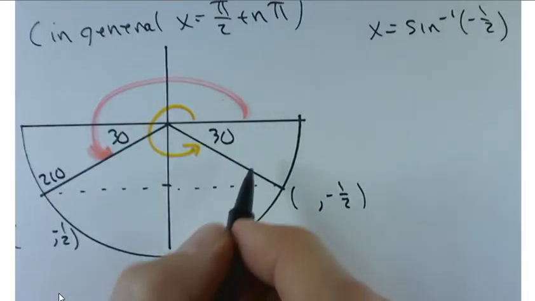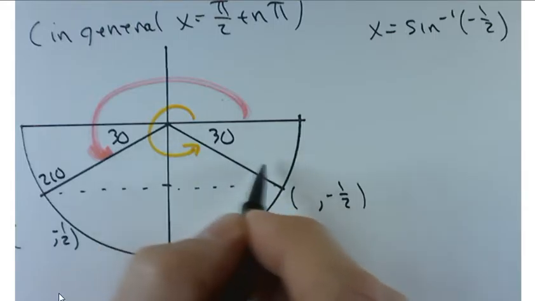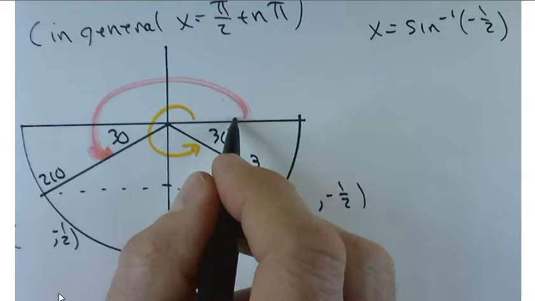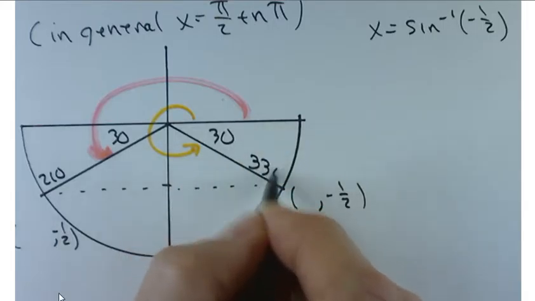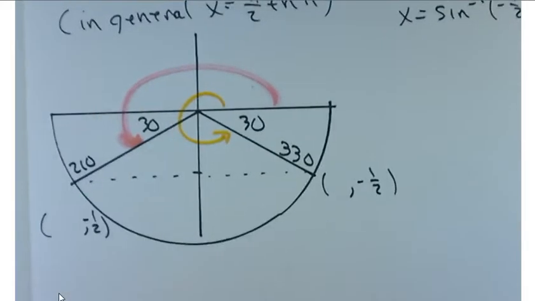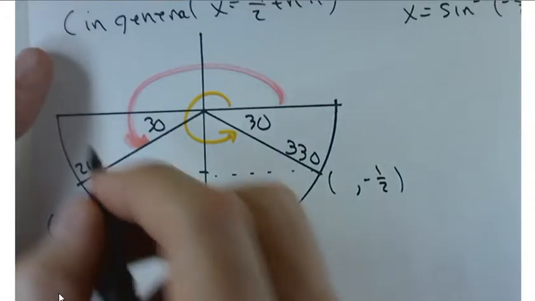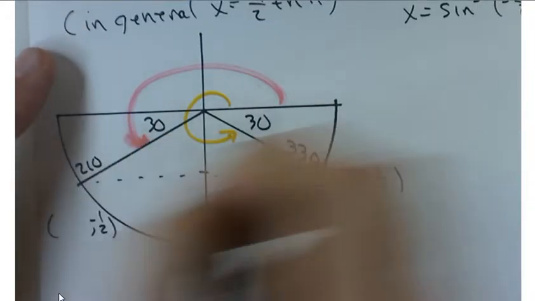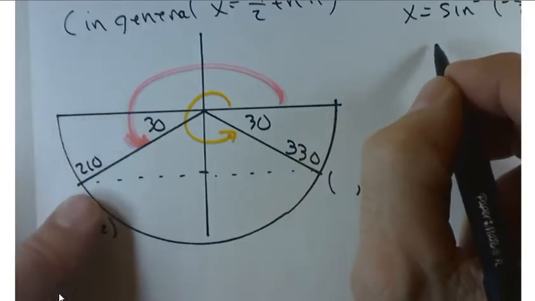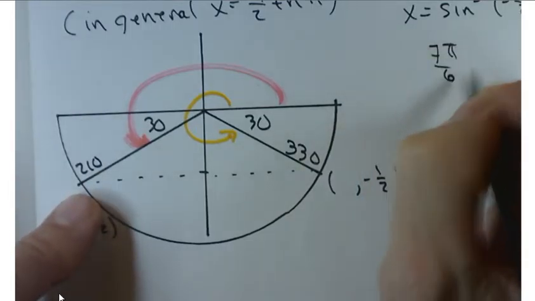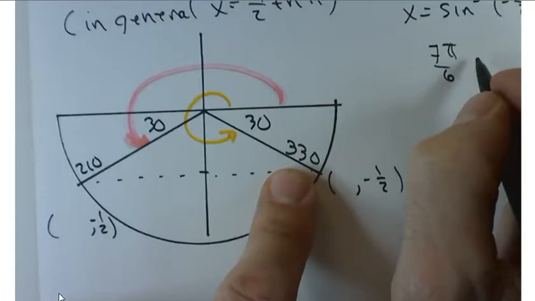How about this one? What's the second one in degrees? 360 minus 30 is 330. Now some of you already raced ahead and figured this out. This angle is 7 pi over 6. And this one is 11 pi over 6.